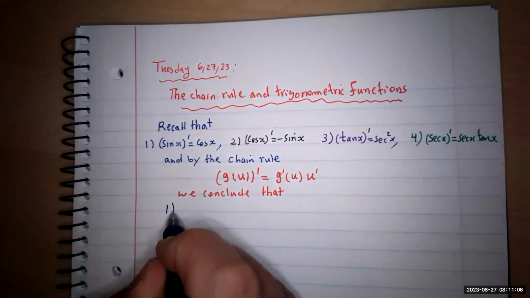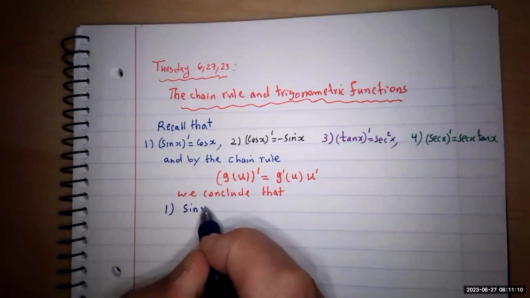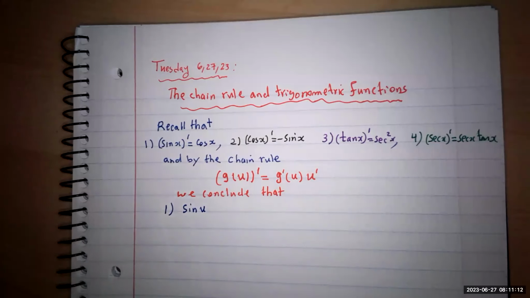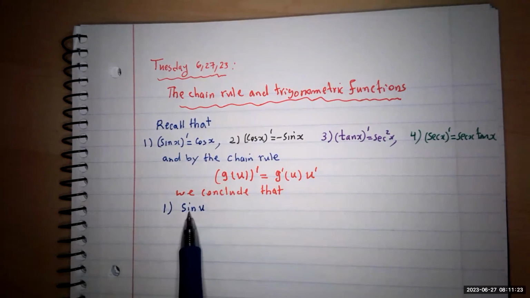So the first one becomes, if you want to find the derivative of sine of u: sine of x squared, sine of radical x, sine of 2x, sine of 5x, sine of pi x. Now this is a composition of two functions. g is sine. The outside function is sine, the inside function is u.